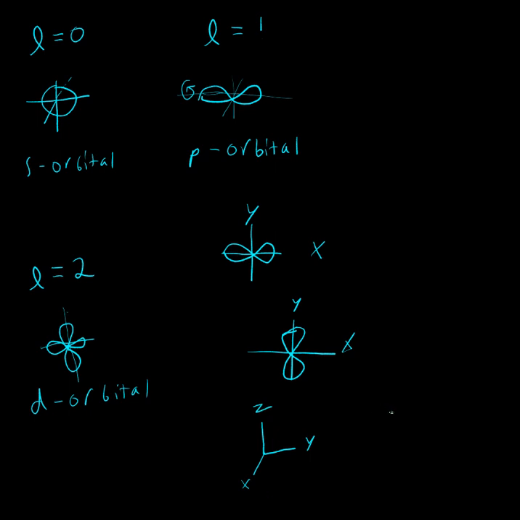So we could have z and then y, and we could have another dumbbell shape here. This would be our p orbital about the z-axis, so that's sitting on the z-axis. So there's 3 different possible orbitals that we can have: one on the x-axis, one on the y-axis, and one on the z-axis.